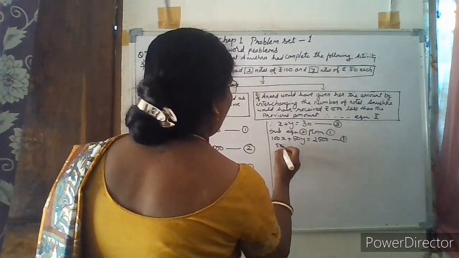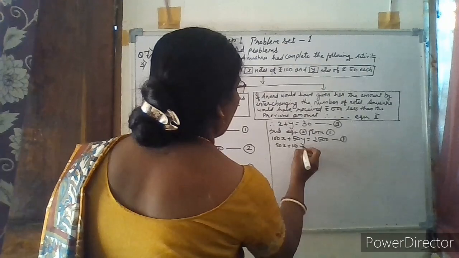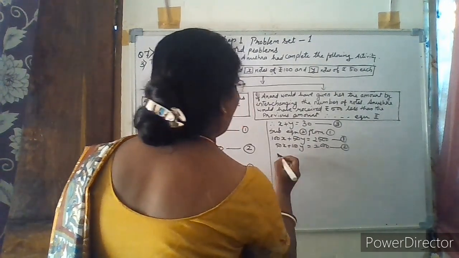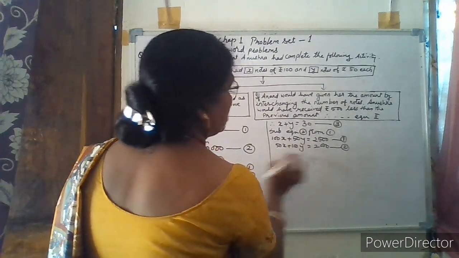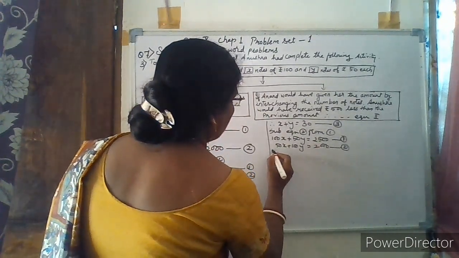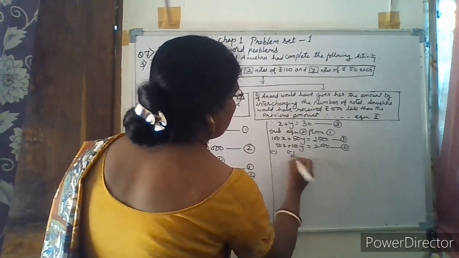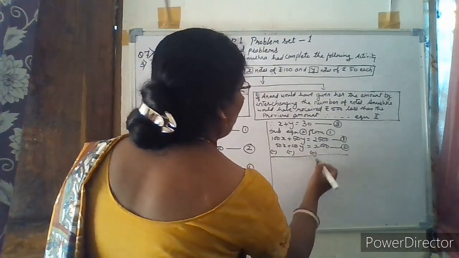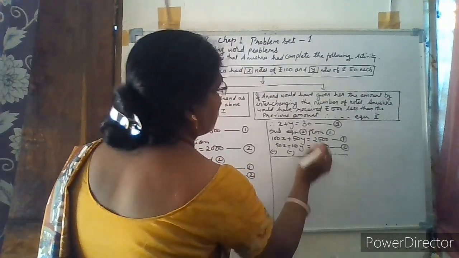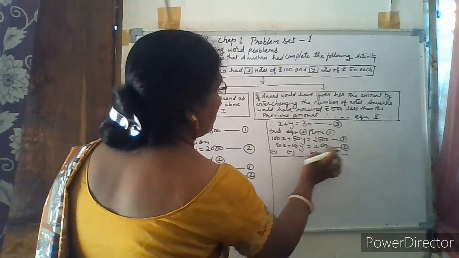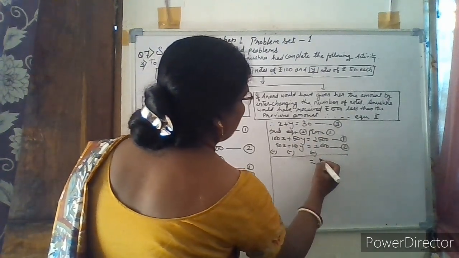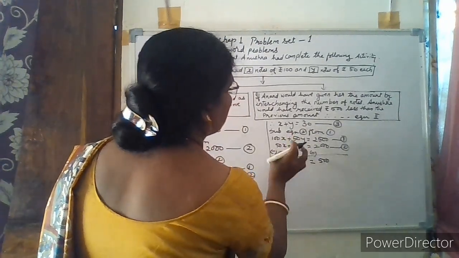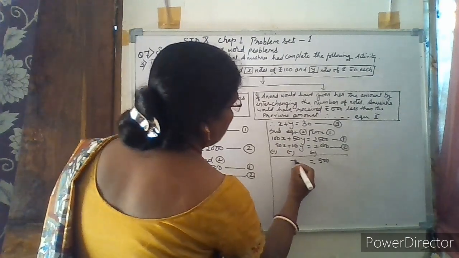Now 50x plus 100y is equal to 2000, equation 2. So we are subtracting, so change the sign of the second equation. This is minus, here also it's minus. So if we subtract 2500 minus 2000, it is equal to 500 here. Now if we subtract 50 minus 100, we will get minus 50y.